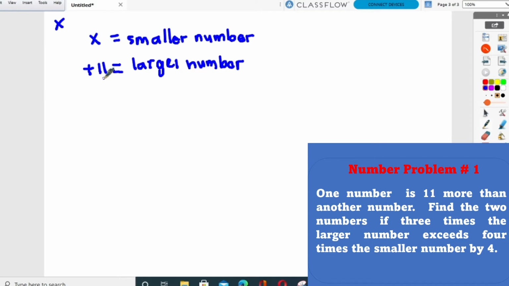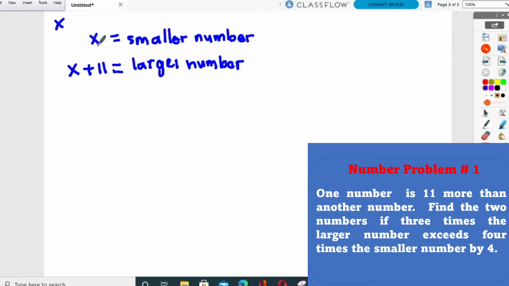So if you read again, one number is more than another number, that another number is the smaller number. So therefore, we need to add 11 to x here. So x should be used for the smaller number based on the first sentence. This is because this is the another number, which is the smaller, because the larger number is obviously more than 11.